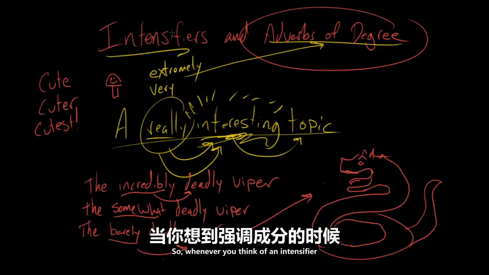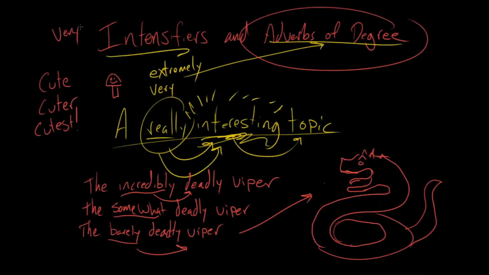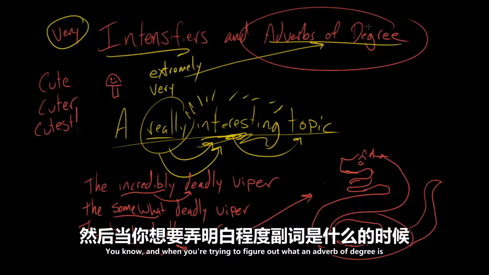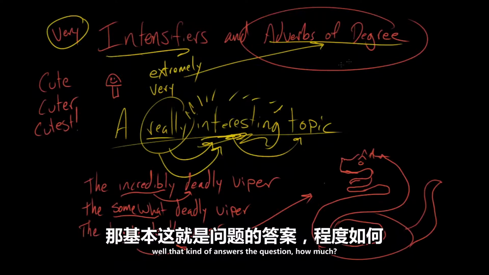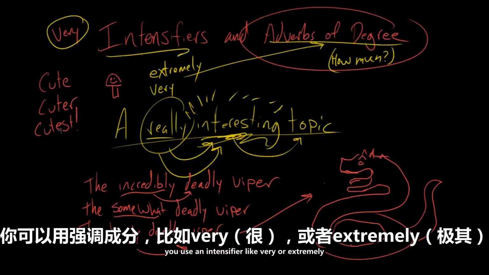So whenever you think of an intensifier, just think of the word very. And when you're trying to figure out what an adverb of degree is, well, that kind of answers the question, how much? So if you want to double down on the meaning of something, you use an intensifier like very or extremely.